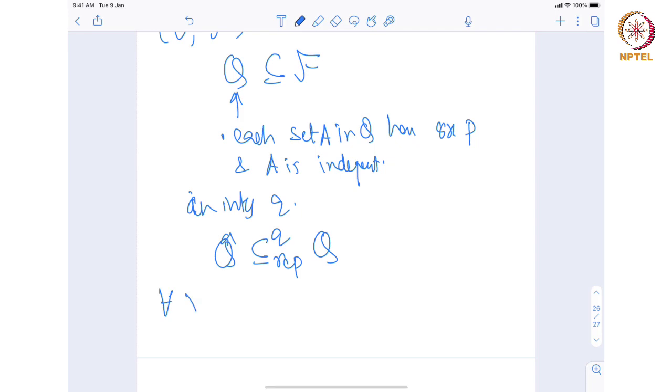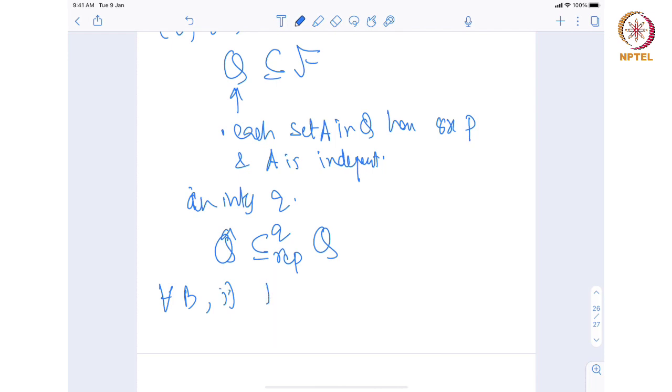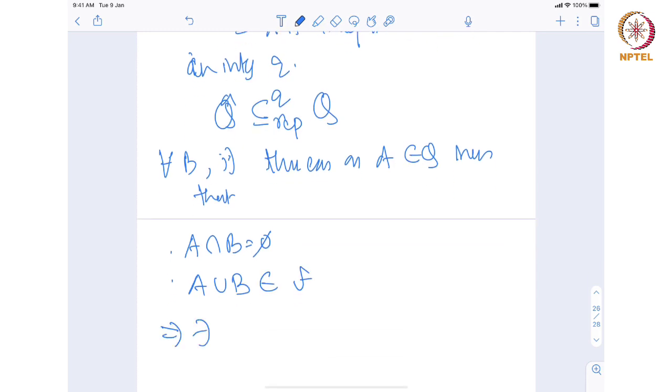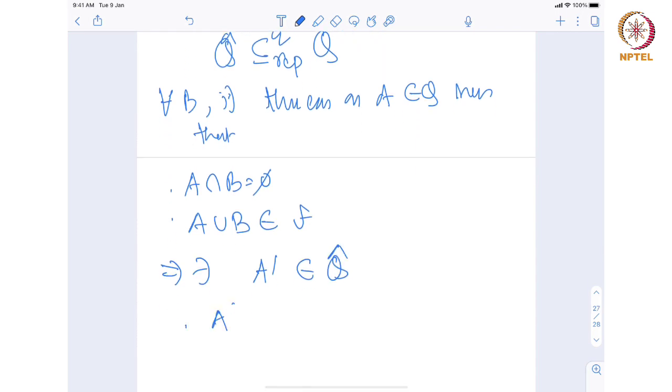For all B, if there exists an A in Q such that A intersection B is empty and A union B is in our family, then there exists an A prime in Q hat with the property that A prime intersection B is empty and A prime union B is in our family.